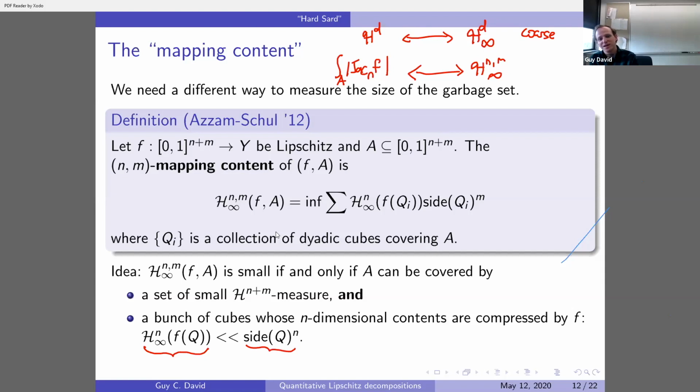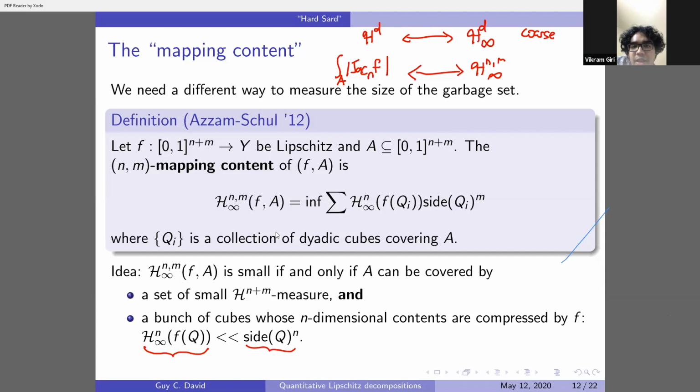If you change the definition from cubes to arbitrary sets or balls in the cover, it's not that clear how these two things are related. As a consequence of our result, we prove that there's a relationship between this quantity and the quantity with arbitrary sets. But it's certainly not that simple.